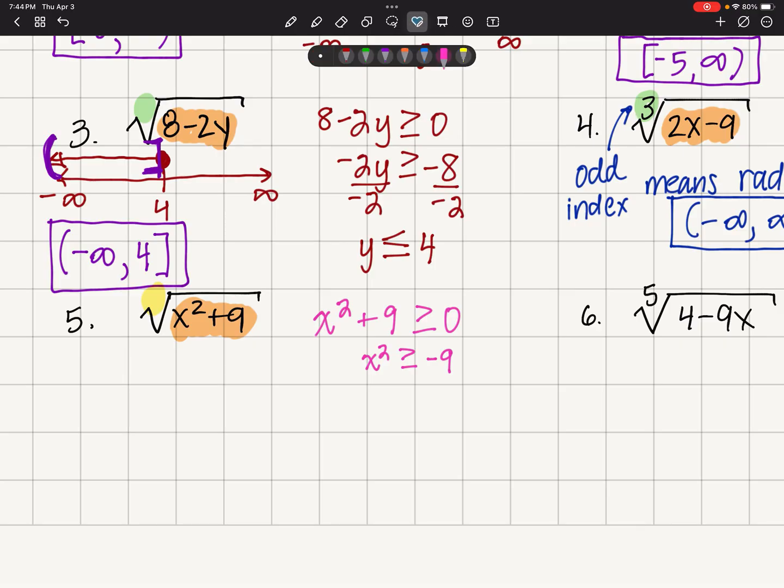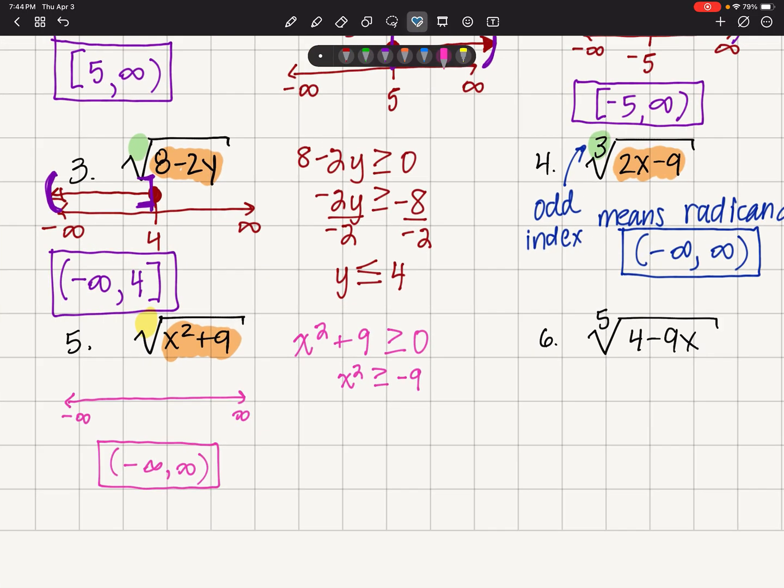So when I draw this number line and ask what numbers will work, all negative numbers work, 0 works, all positive numbers work. Any number that's squared is going to be positive, and all positive numbers are greater than a negative. Therefore, our domain is going to allow any number from negative infinity to positive infinity.